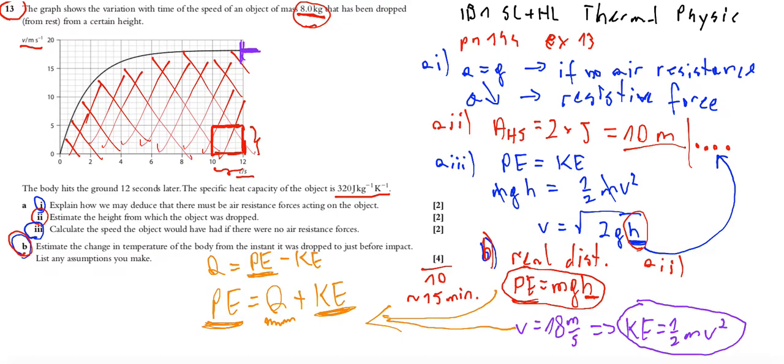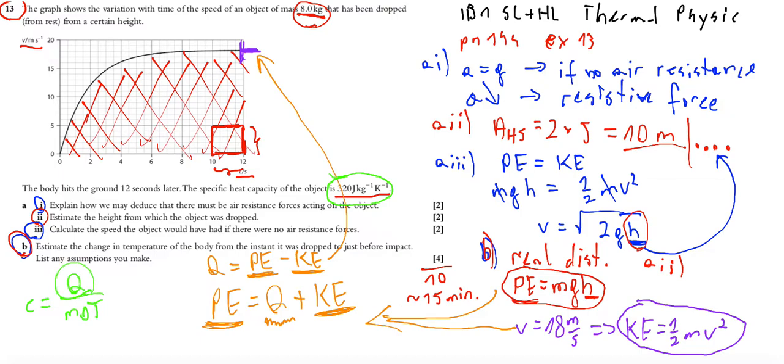Remember, potential energy is related to the real height and kinetic energy is related to the speed of collision, and by using the specific heat capacity, which is given, you can calculate the change of temperature of the object.